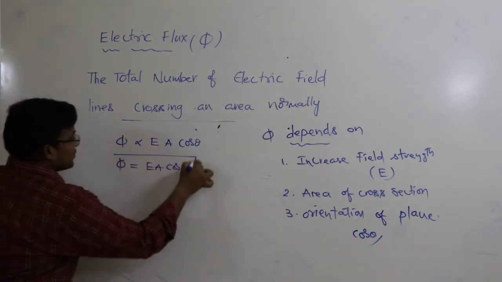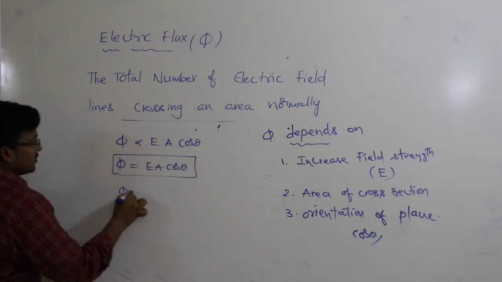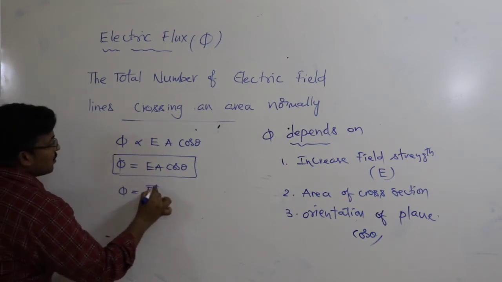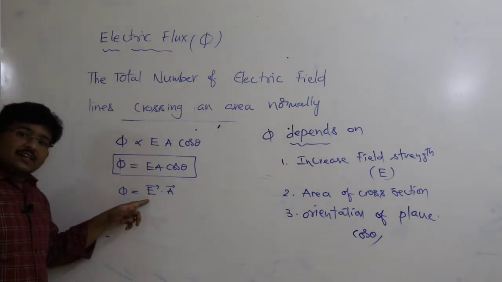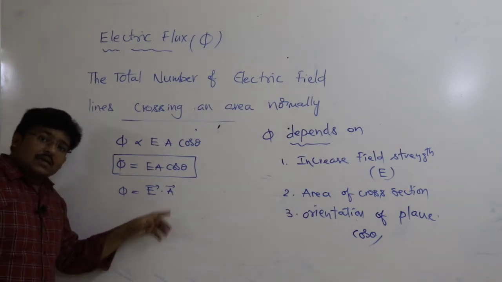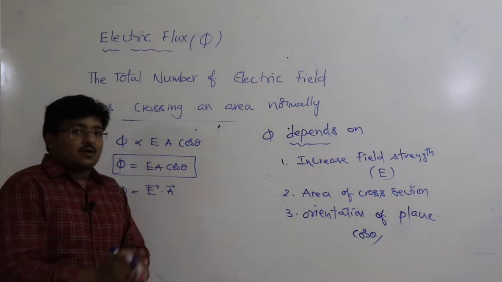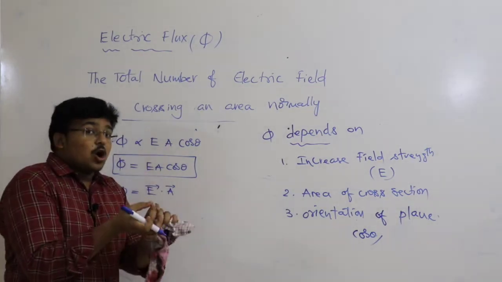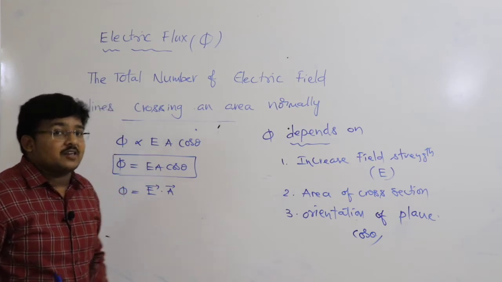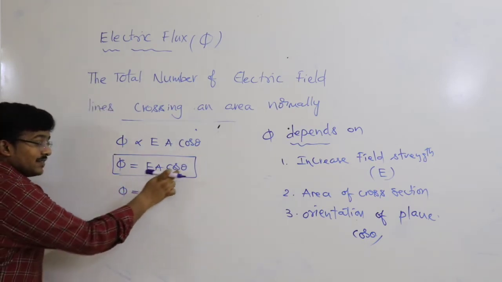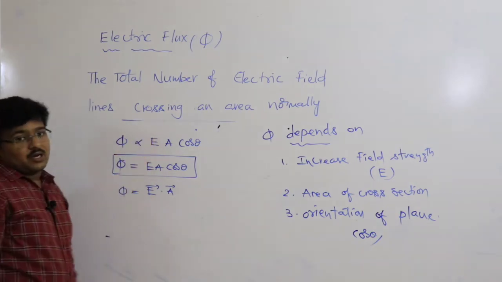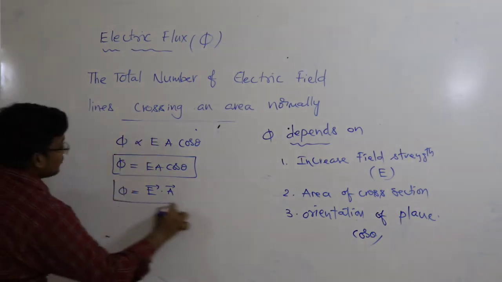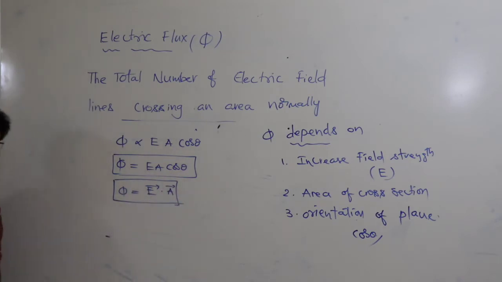So you can write flux is equal to E bar dot A bar, where E bar is the electric field, A bar is the area vector. For the plane, the normal will be taken as the area vector. And theta is the angle between electric field and normal, right? So this is the flux formula, E bar dot A bar or flux is equal to E A cos theta.